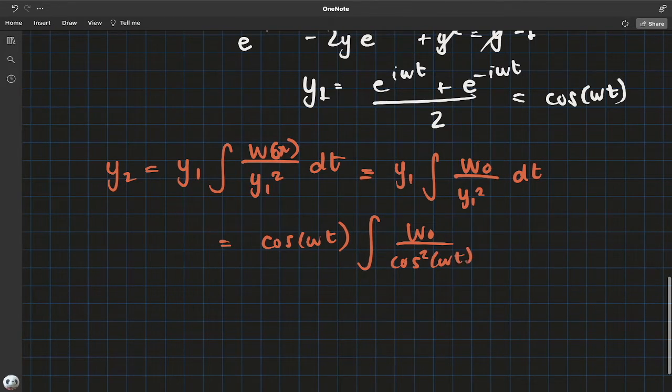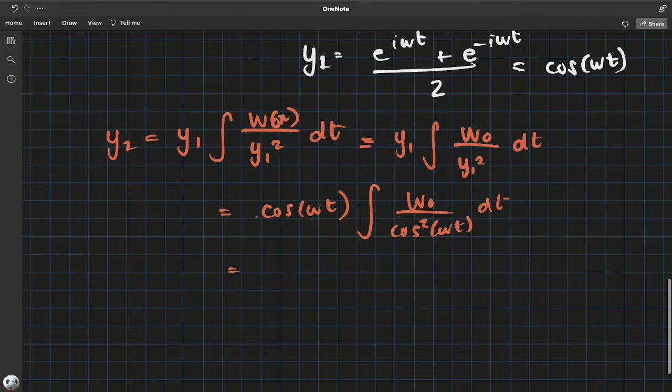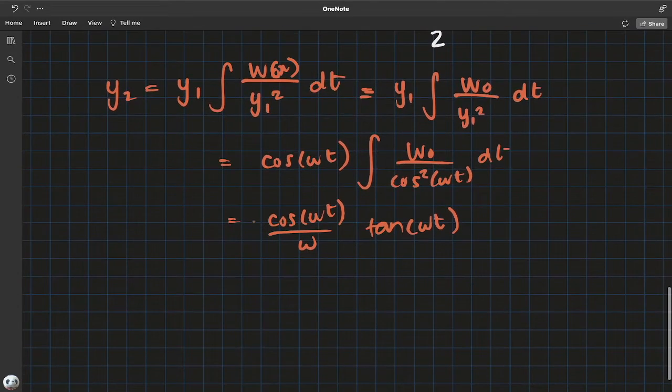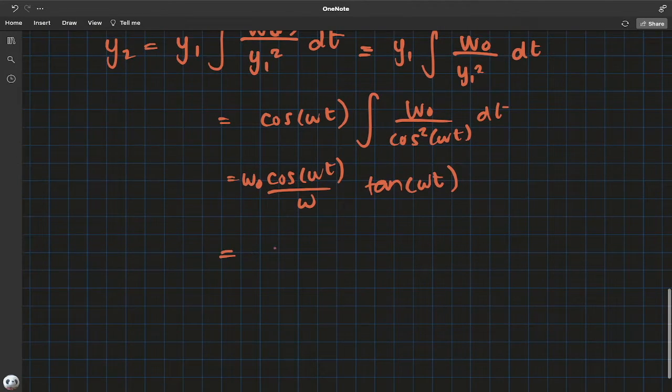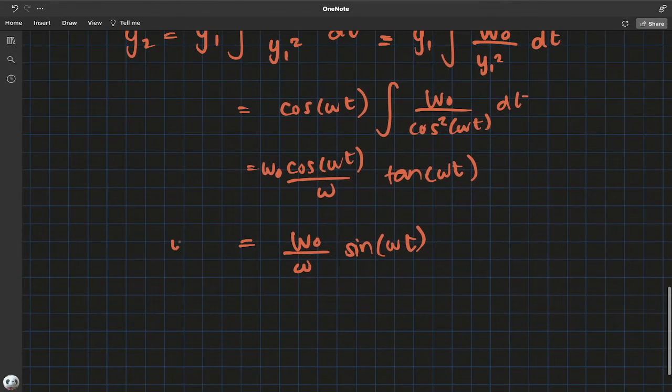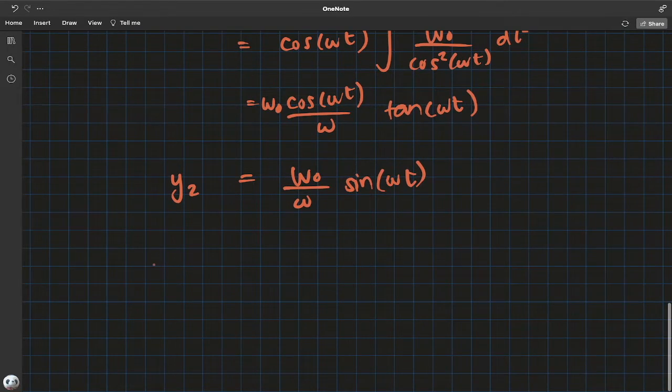Cosine squared omega t dt. Cosine squared in the denominator is just secant squared. Integrating secant squared is easy because that's just tangent omega t over omega. And don't forget the w naught. Tangent is sine of omega t over cosine omega t, so that cancels out and you have simply w naught over omega sine omega t, and that is the second homogeneous solution for the differential equation.